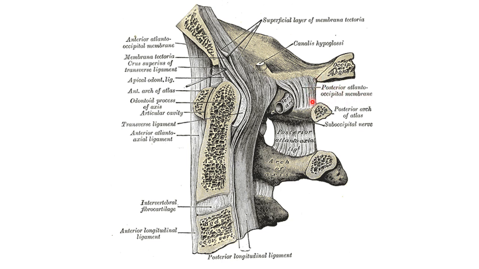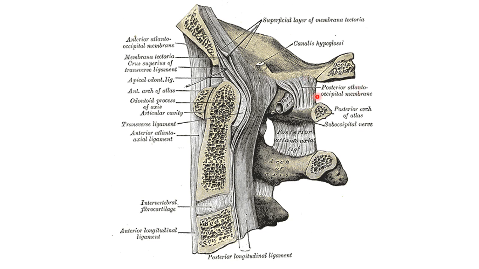So the only thing you have to understand is that the ligamentum flavum from occipital bone to the atlas is called the posterior atlanto-occipital membrane. That is important. It is the ligamentum flavum named differently because it is running from the atlas to the occipital bone.